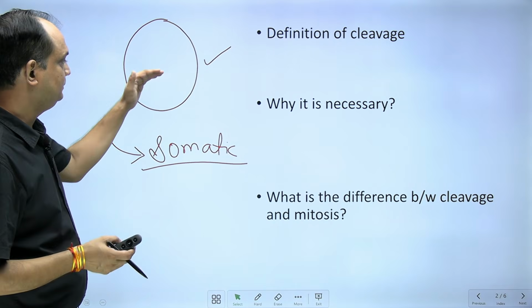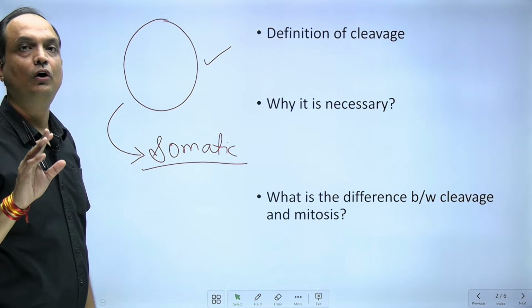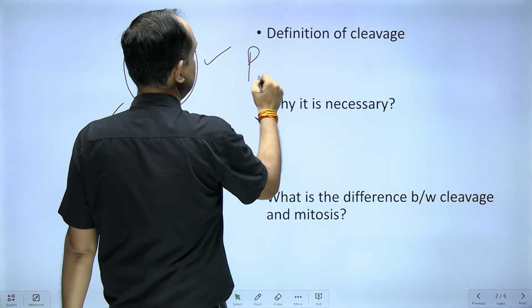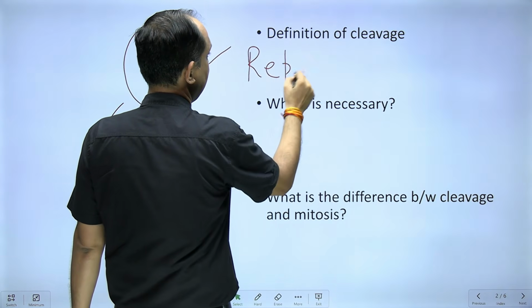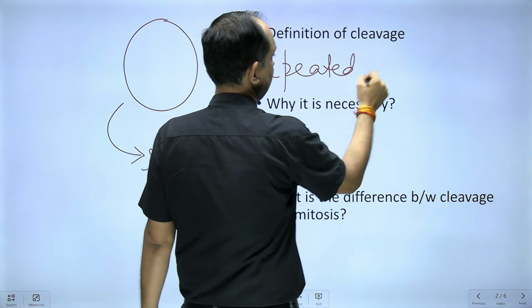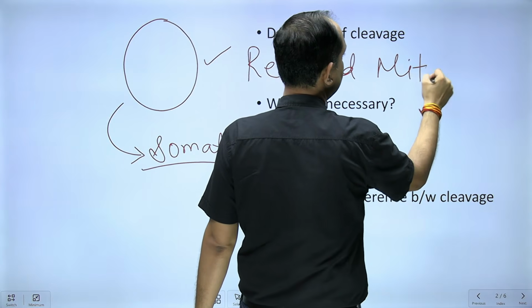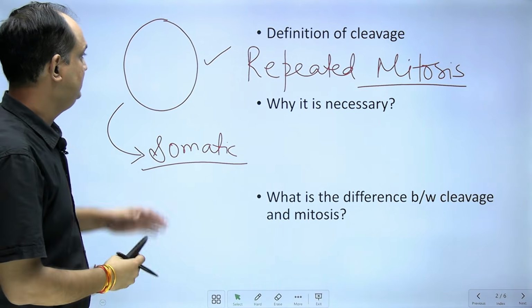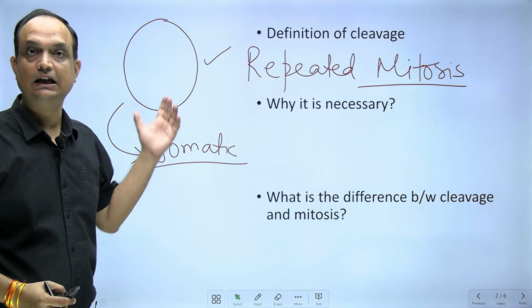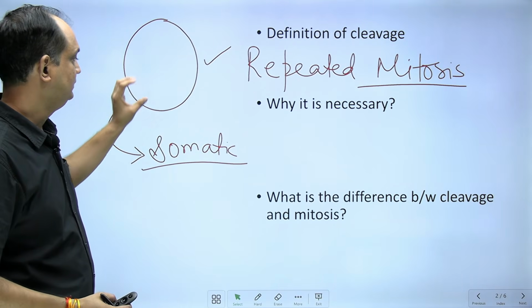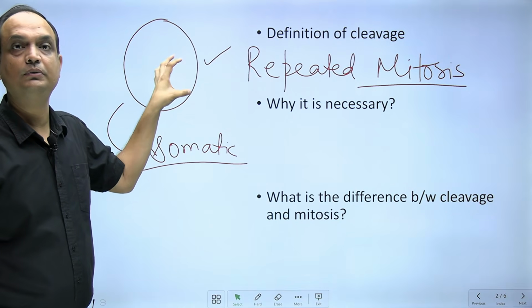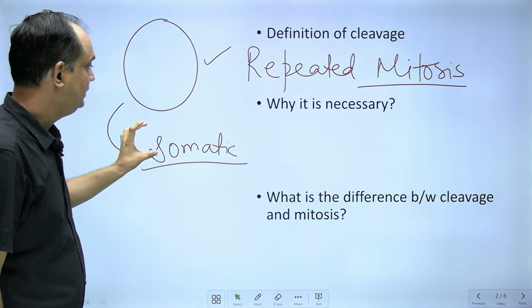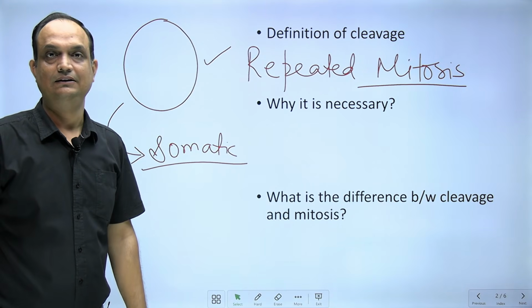Now how is it possible? There is only one thing, which is known as fast, rapid, repeated mitosis. By the help of these repeated rapid mitoses, we will decrease the size of the cell, from the oocyte or the initial zygote immediately after fertilization, to a normal somatic cell.